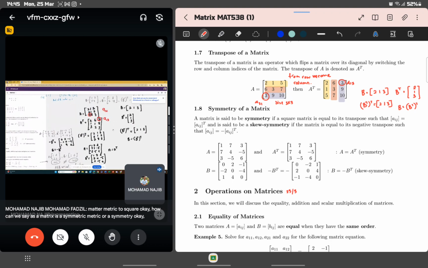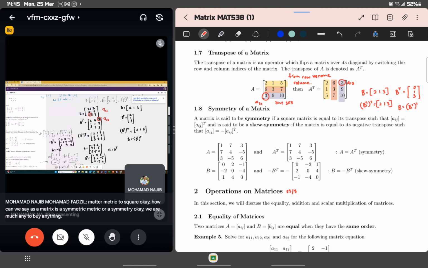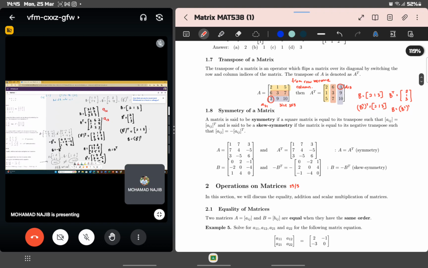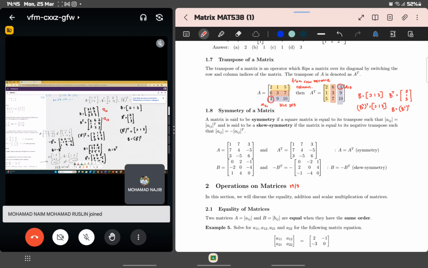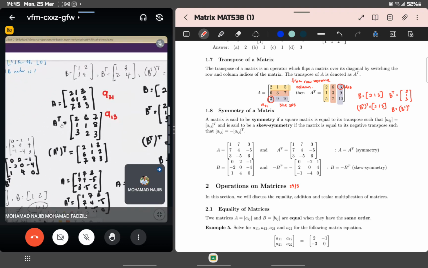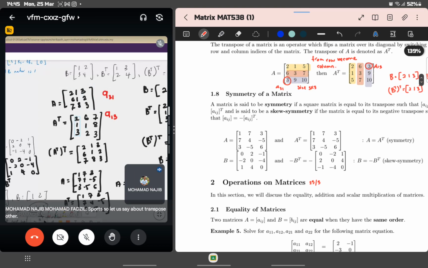Okay, dia macam ni. Cuba anda tengok dekat sini. Right. Cuba tengok dekat sini. Yang pertama, we have A and A transpose. Selepas saya buat transpose, adakah nilai dia sama setiap elemen?